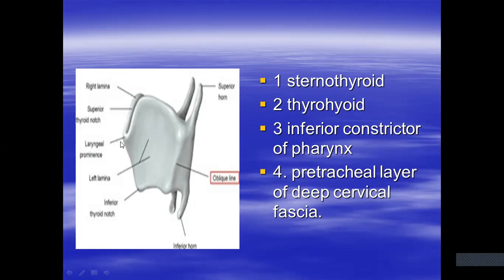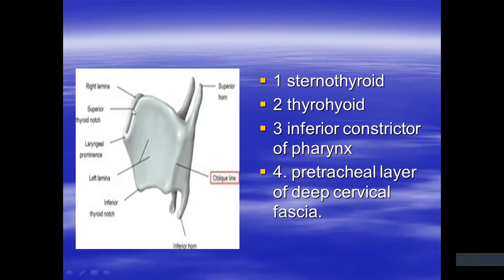The upper parts of the anterior borders of the laminae do not meet. There is a gap here, separated by a notch known as the superior thyroid notch.